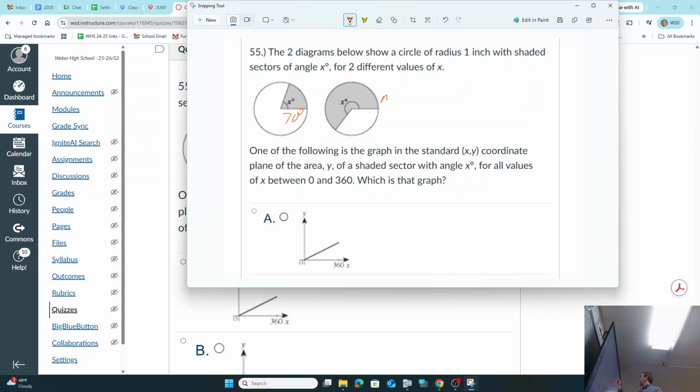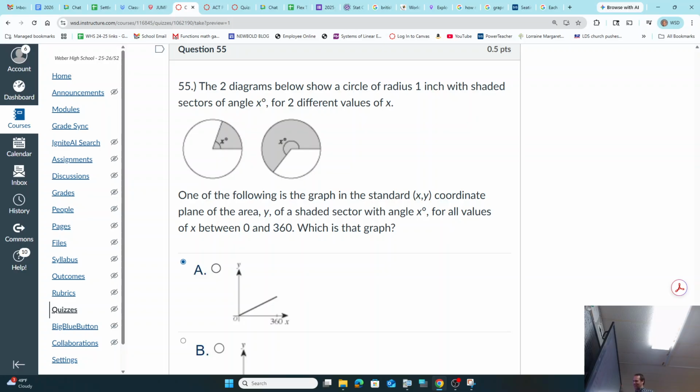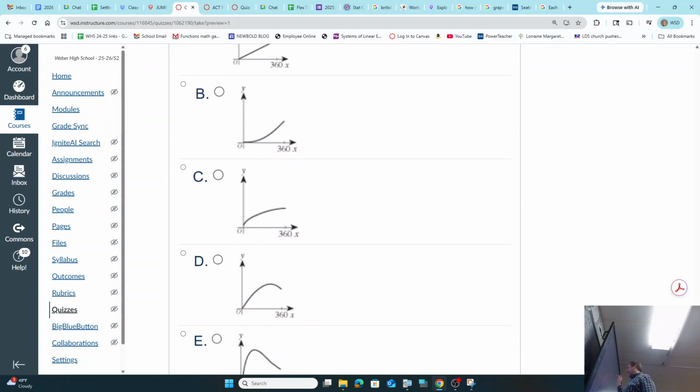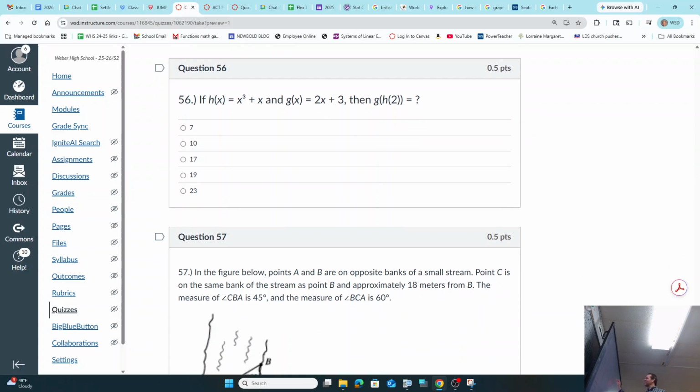And then maybe this one's over 180, so we'll say maybe 210 degrees, for example. So that's still only 280 together. But you're basically approaching a line, right? You go 0, 70, and then you have 0, 280, and you're just getting closer and closer. I think that's what it is, but I'm not sure. That one's A. I'm not sure about that one.